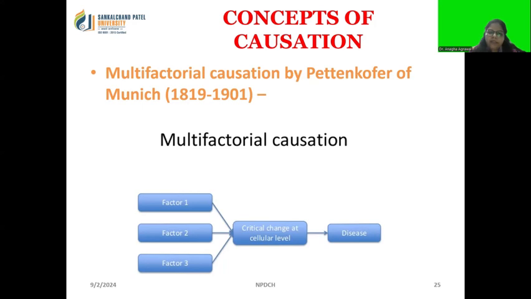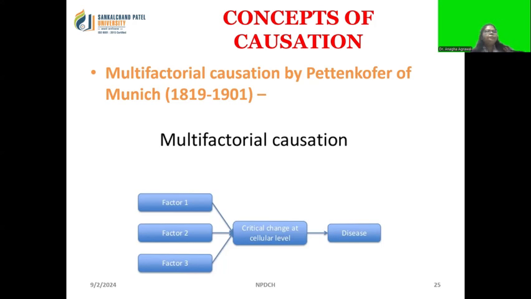For example, there will be multiple agents like agent 1, agent 2, agent 3, which are there in the environment with the susceptible host for a period of time, so that ultimately you will have a disease. So there is not only one agent, but multiple agents or multiple factors which are getting into that particular environment.